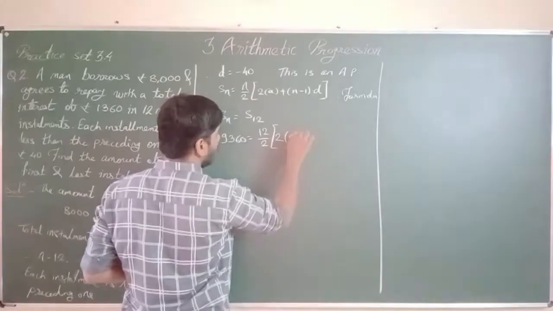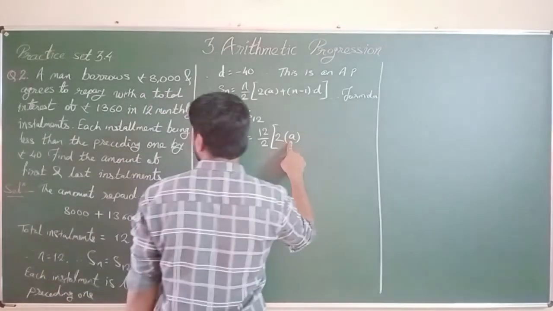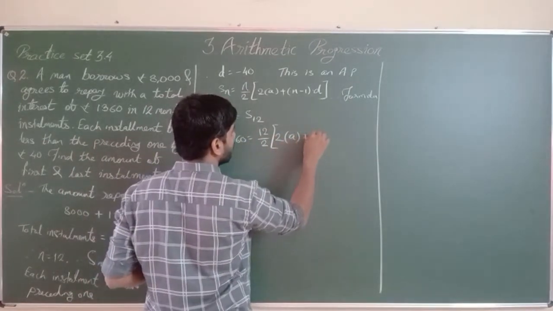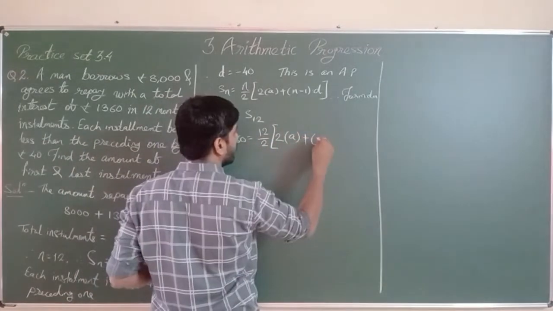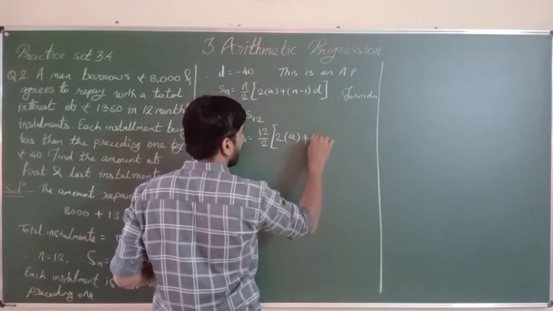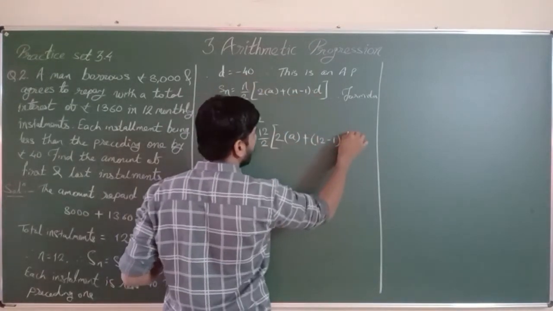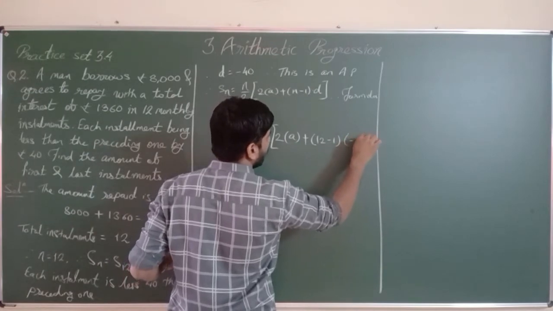We don't know what is the first term, which is going to be his first installment, plus n minus 1. Here n is 12 again, so this will become 12 minus 1 into common difference, negative 40.